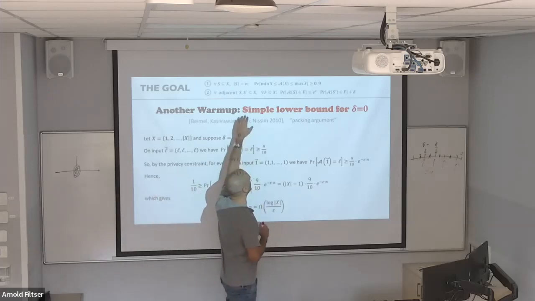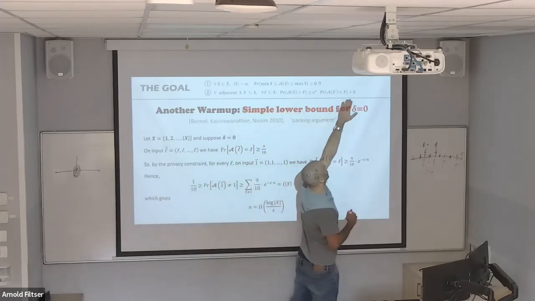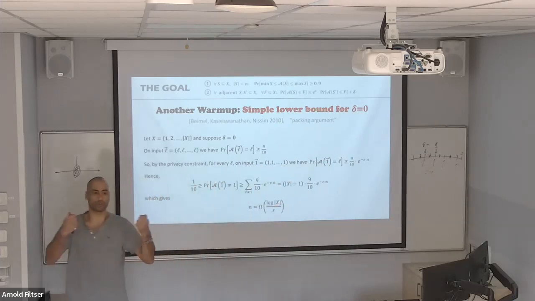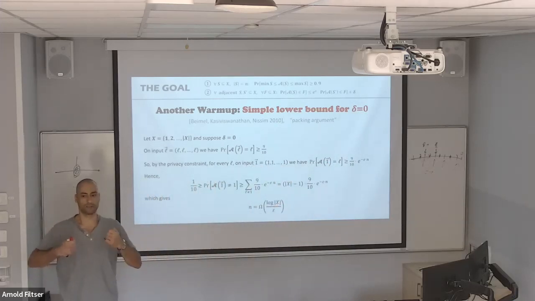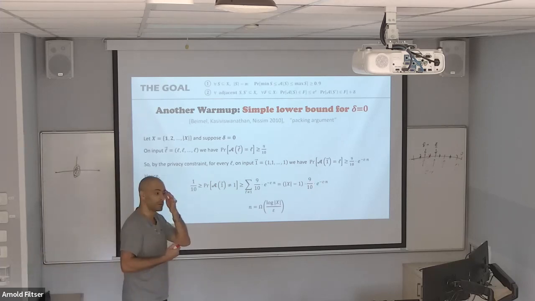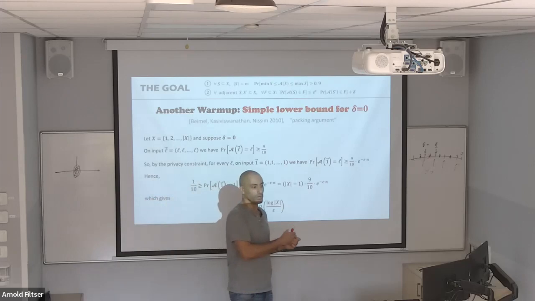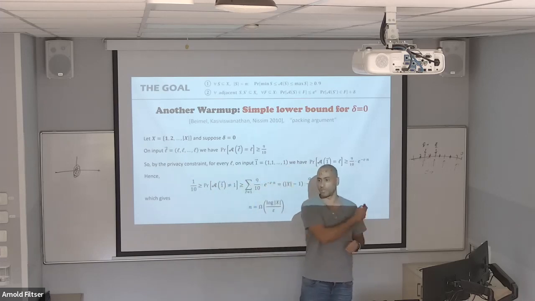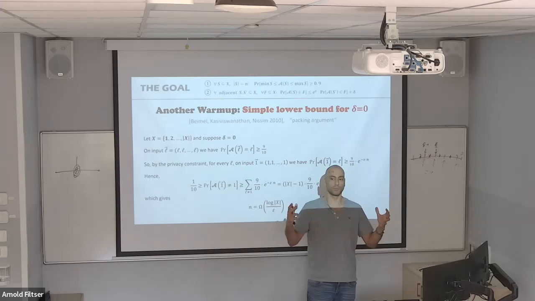But if you look at the requirement of differential privacy, with delta equal to 0, then if you change one point in your data set, the outcome distribution changes by at most a factor of e to the epsilon. Change another point, and the outcome distribution changes by at most another factor of e to the epsilon. Change another input point and so on, replace your entire database with something completely different, and the outcome distribution cannot change by more than e to the epsilon n.